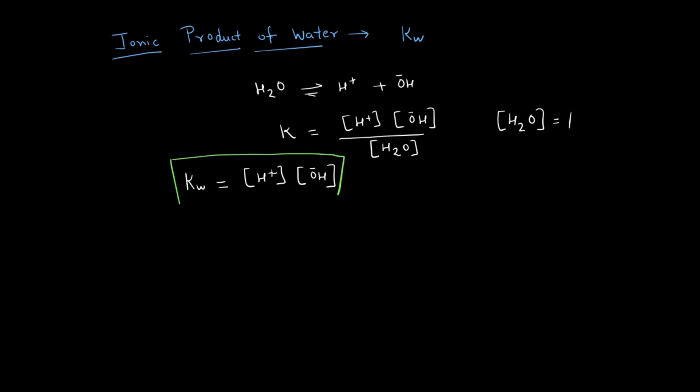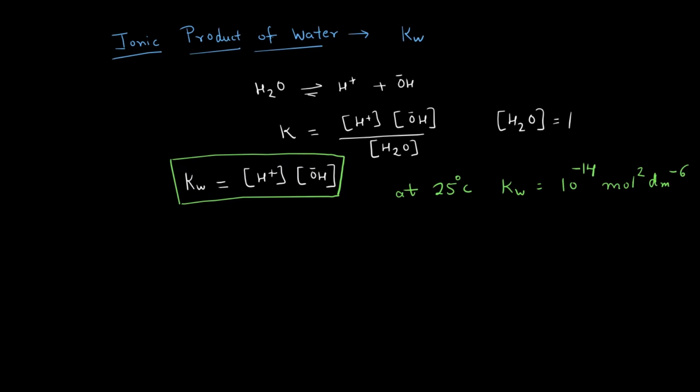At 25 degrees Celsius, the value of Kw is 10 to the power minus 14. So what will be the unit of this Kw? Here we are multiplying H+ ion concentration with OH- ion concentration, so the unit will be mol² dm^-6.